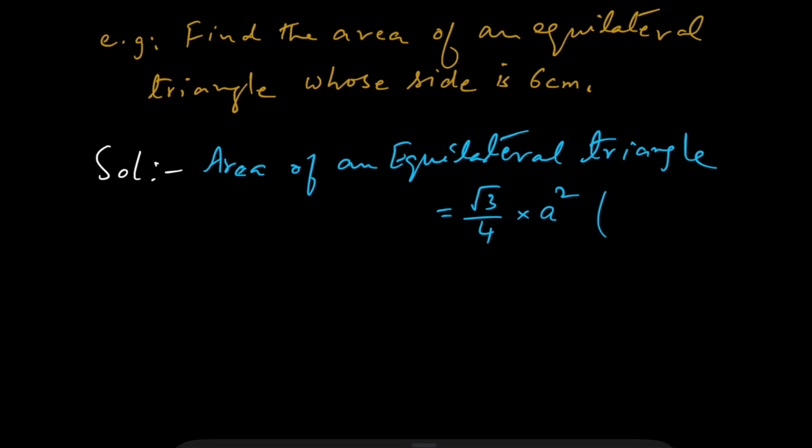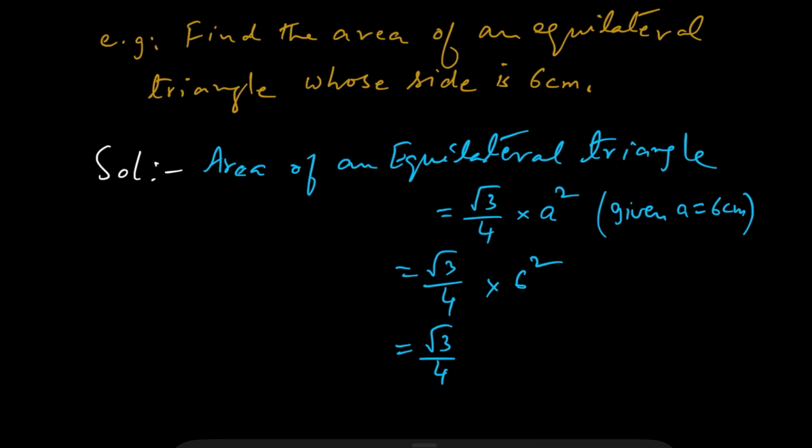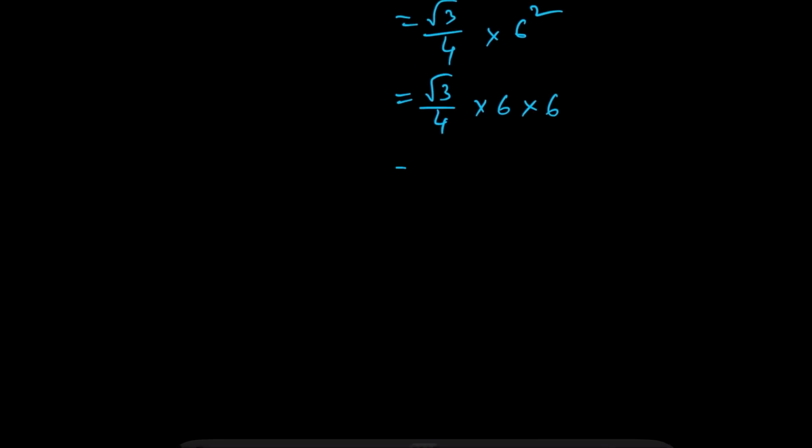This side a is given. a is equal to 6 centimeters. Substitute here: root 3 by 4 into 6 square, root 3 by 4 into 6 into 6. What's the answer? 2 2s are 4, 2 3s are 6, 3 3s are 9, root 3 square centimeters.